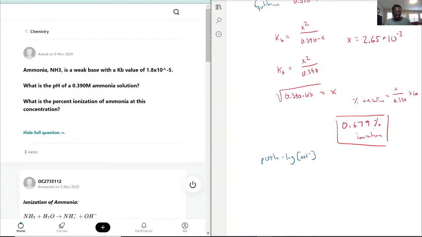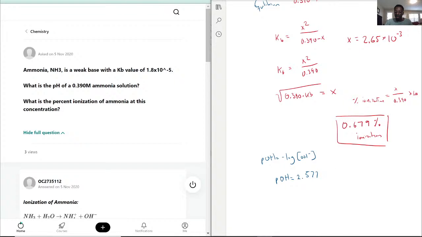So we're going to use that x value again, the 0.00265 etc., and take the negative log of that answer. And our pOH, when we put it in the calculator, ends up being 2.577, around there.